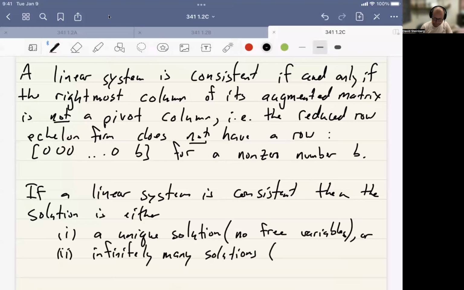And this is the case when there is one or more free variables.